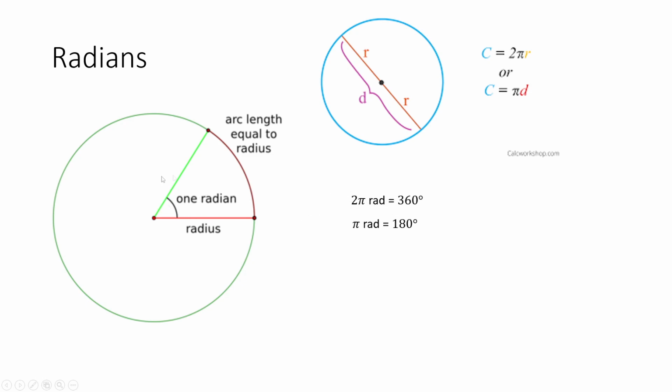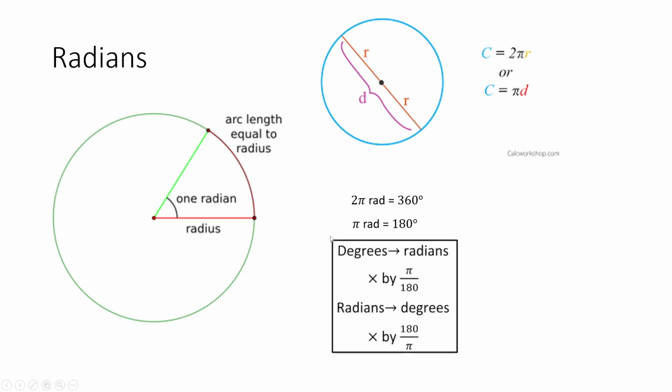And because there's also 360 degrees in a circle, we can say that 2π radians are actually equal to 360 degrees, which means that π radians are equal to 180 degrees. And if we want to convert from degrees to radians, we multiply by π over 180. And if we want to convert from radians to degrees, we multiply by 180 over π.